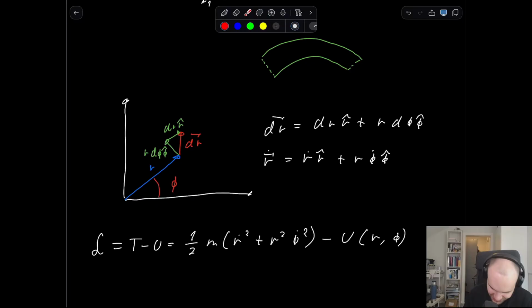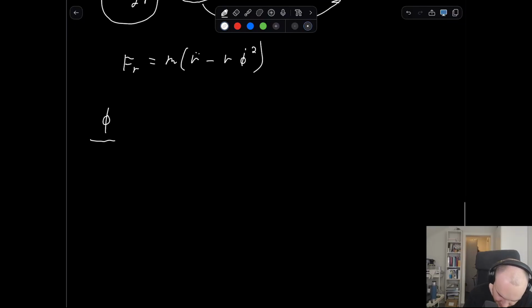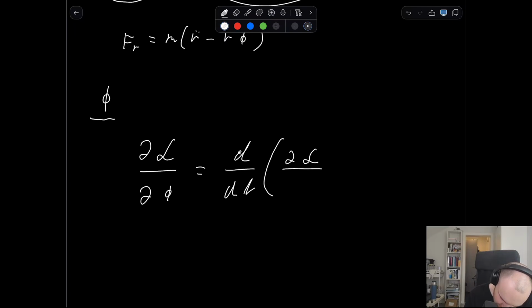a torque. So let's see. Okay. So for the phi equation, the partial Lagrangian with respect to phi is equal to d over dt of the partial Lagrangian with respect to phi dot.